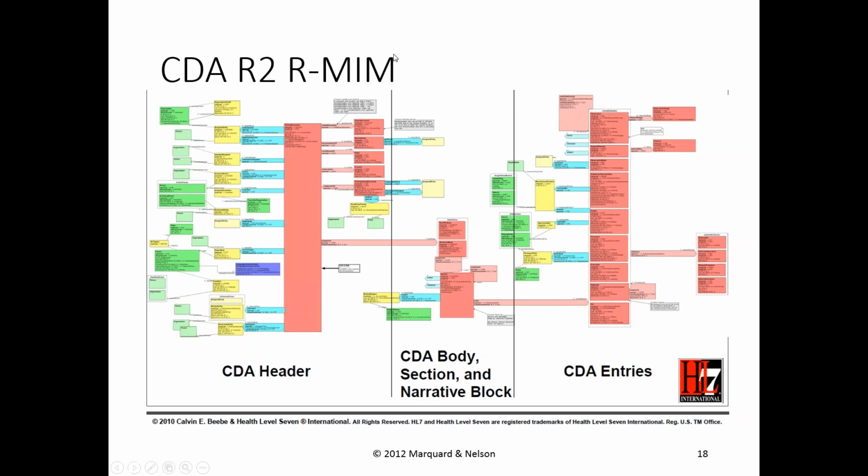Our RMIM, which is a sort of a constraint of that for CDA, establishes the document header. It establishes the information that was used to structure a section, and then when sections have machine-readable entries, we have a model for expressing those machine-processable kind of clinical statement patterns right there. That's really, this picture is the whole picture of CDA.